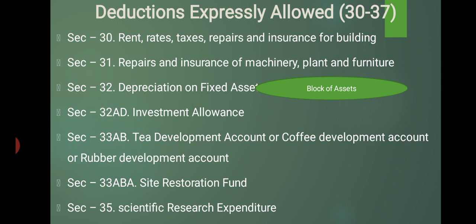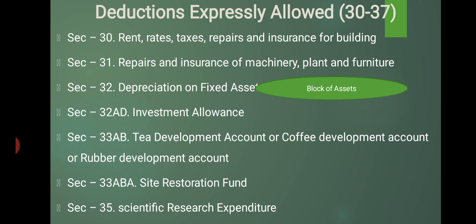Suppose an assessee is carrying out a business of extracting minerals, petroleum or gas, he can claim this deduction. What is the amount of deduction? Any amount which is deposited in this account, or 20% of profit from this business, whichever is less, can be claimed as a deduction under this category.